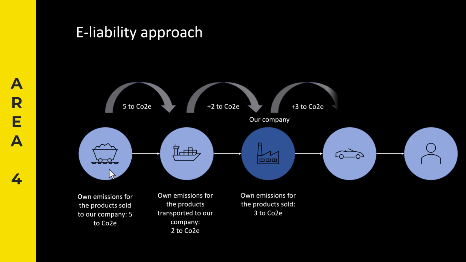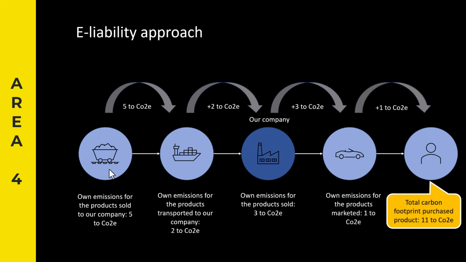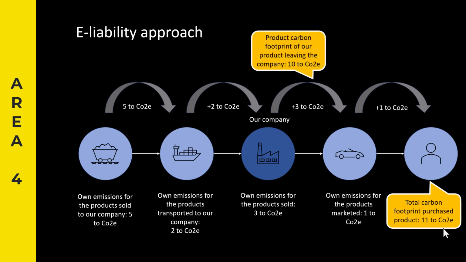So the whole thing that is shown here works like a value-added tax system, so that at the end the customer can see what is the carbon footprint of the car produced. And at each stage in the supply chain, you can see and identify how many greenhouse gas emissions are accumulated until your stage.